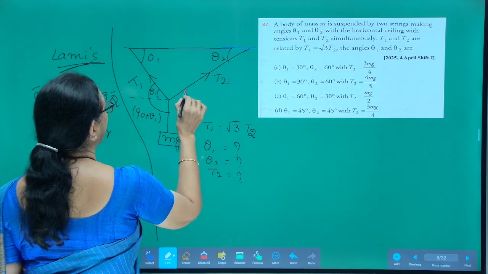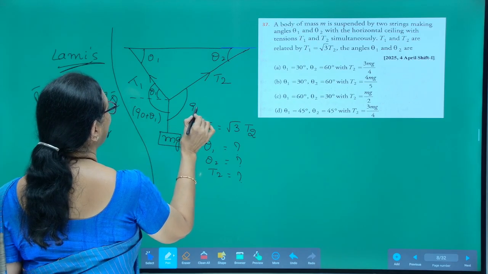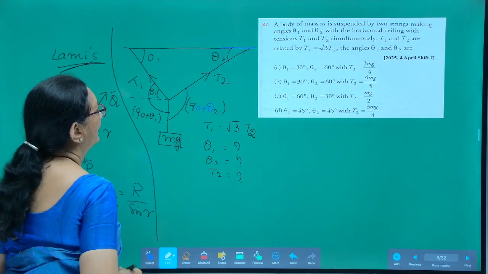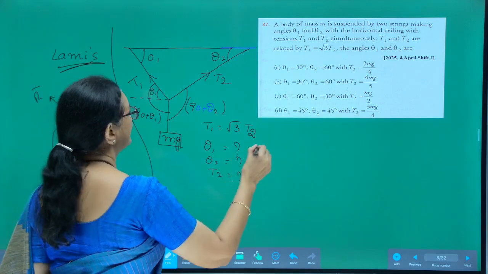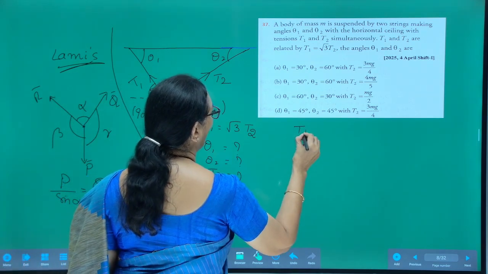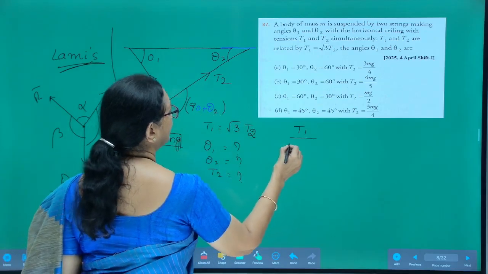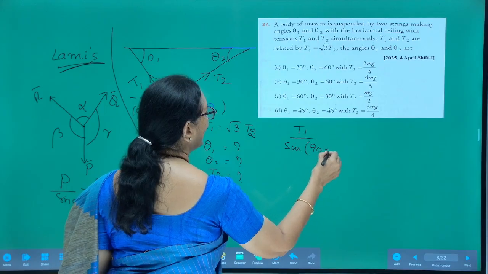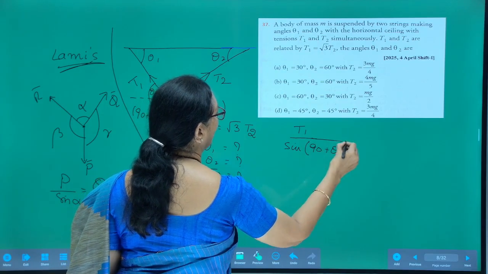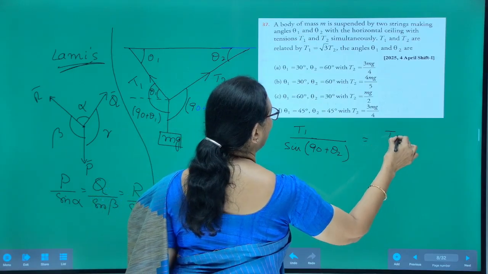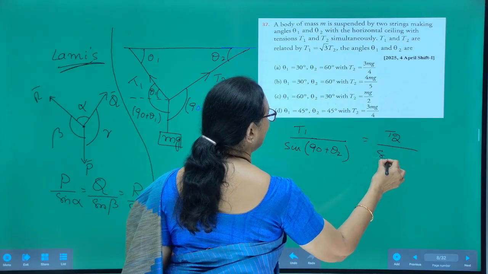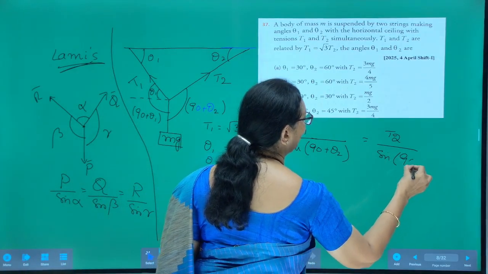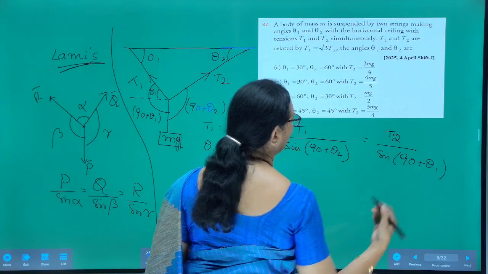Similarly, if this is theta 2, the total angle becomes 90 plus theta 2. Now, from Lami's theorem, T1 by sin of its opposite angle, that is sin 90 plus theta 2, is equal to T2 by sin of its opposite angle, sin of 90 plus theta 1.